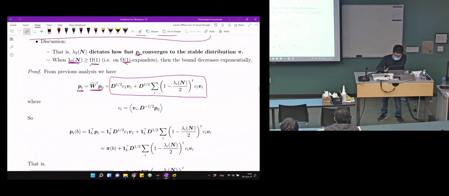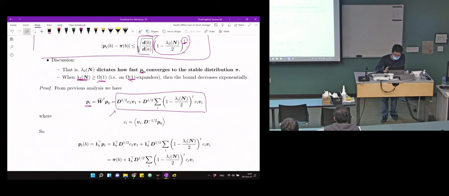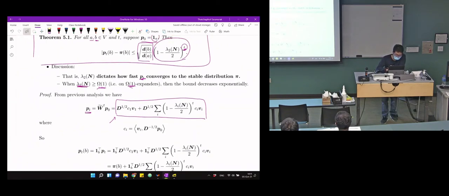So we have that P^t is this thing. And we want to ask, okay, how much does P^t at vertex B deviate from pi? So what is P^t at B?